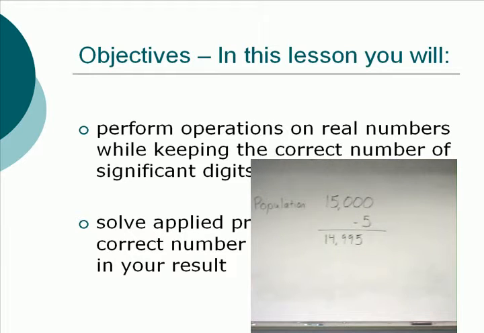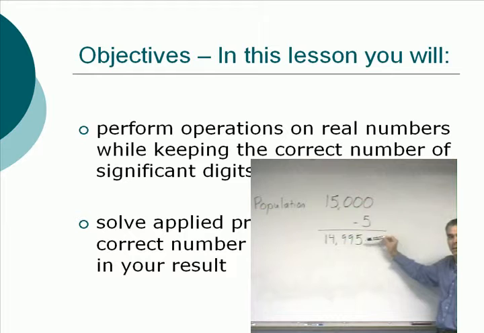Well, a lot of you are shaking your head no. Why not? 15,000 may or may not, probably not, was exact to begin with, right? I mean, the population was somewhere around 15,000, so we didn't claim to know the exact population here, so how can we possibly claim to know the exact population after they move out?